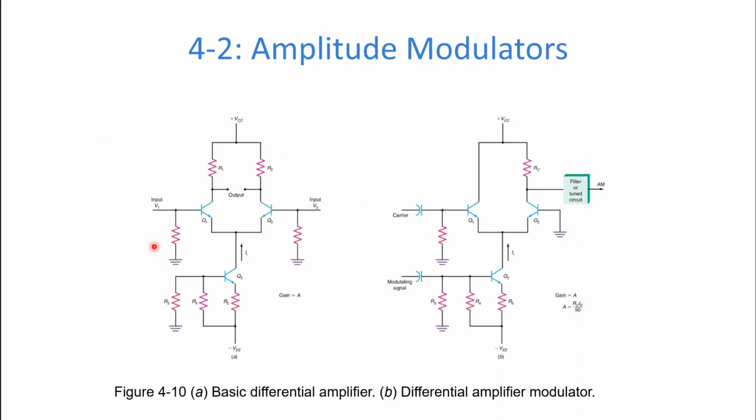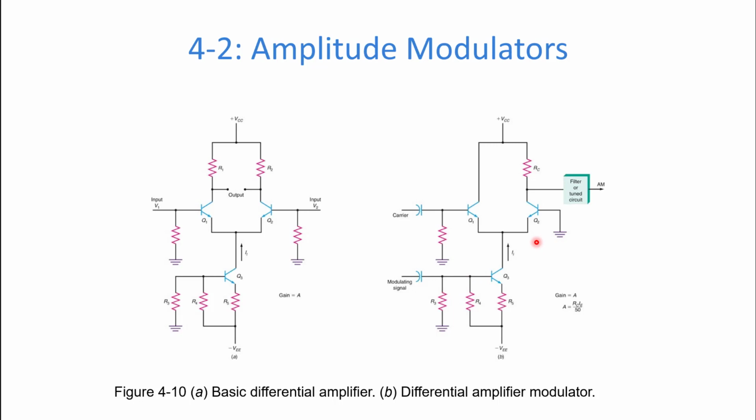So here's what the differential amplifier normally looks like. And here's the one with the modulation. Notice that the modulation is coming in at the base of the tail bias transistor, right? And this is the one that sets the current for the differential amplifier, right? So if it's varying with the modulating signal, that means that the current through these transistors is also varying. If you look at the gain formula that we have written down here, you guys probably can't see that from this picture, but it says RC times IE, and IE is the one that's being controlled by our modulating signal, divided by 50.